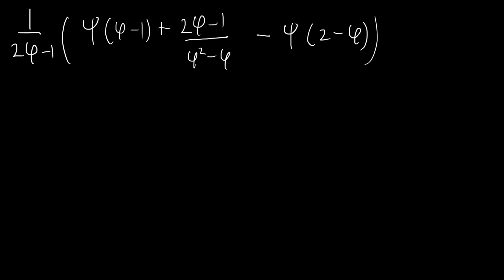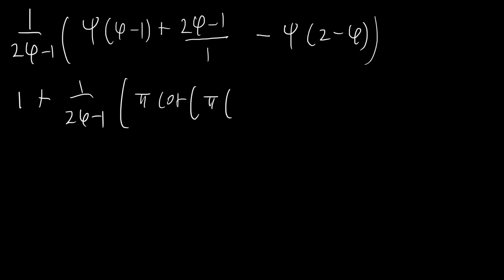And phi squared minus phi is just 1, right? And when we cancel this on the outside, we're going to end up just getting 1, right? 1 plus 1 over 2 phi minus 1. And then this is pi cotangent of pi times whatever this is, because as we said, digamma of 1 minus z minus digamma of z is just pi cot pi z. And since this is 1 minus 2 minus phi, then this is going to be cot of minus phi, right?